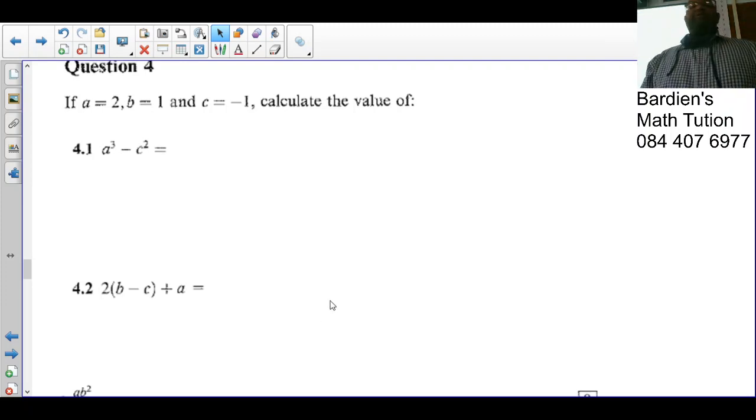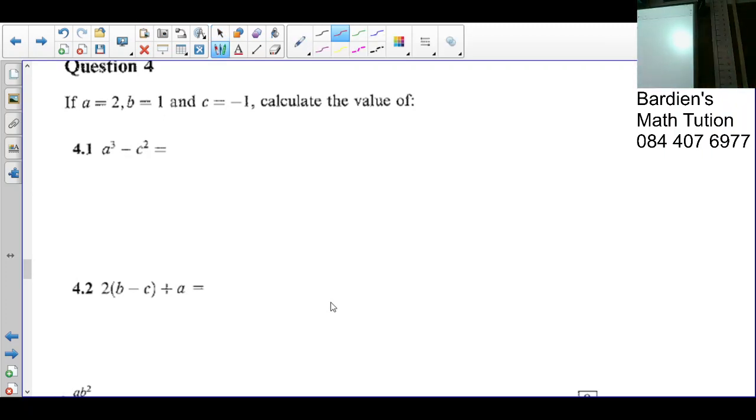Alright, so now we are at question 4. In question 4 we are told if A is equal to 2, B is equal to 1 and C is equal to negative 1. Calculate the value of 4.1: A cubed minus C squared. So A cubed, what is A? 2. So it's 2 cubed minus C, which is negative 1, squared.